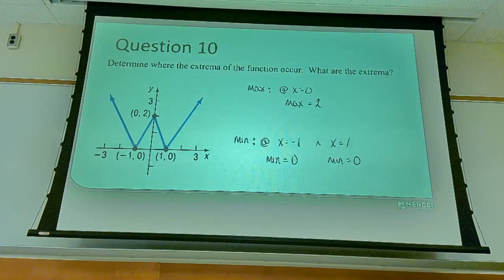So extrema is the plural form of extremum.